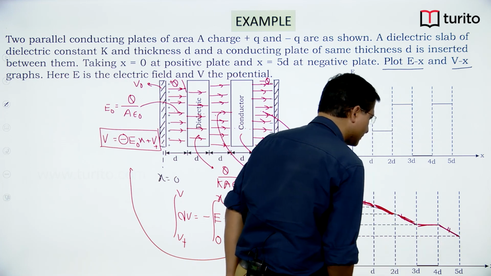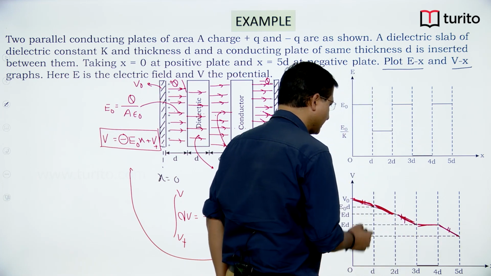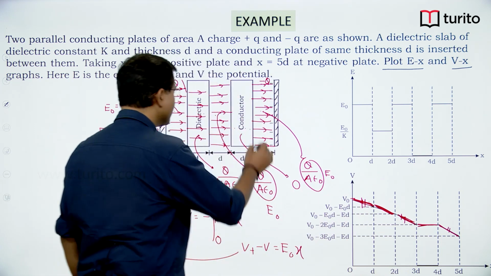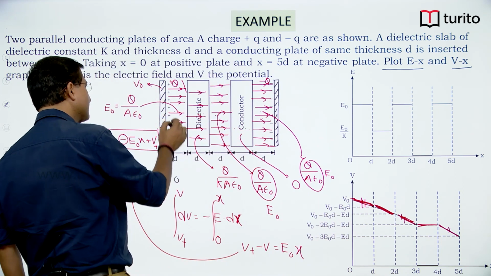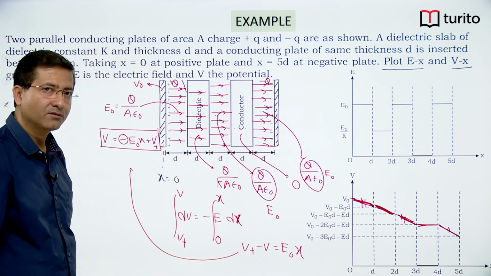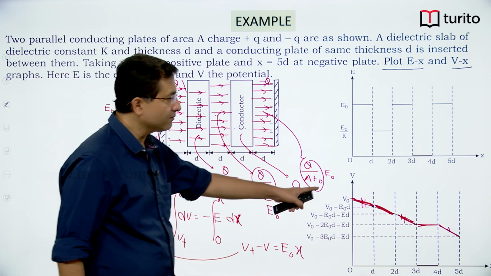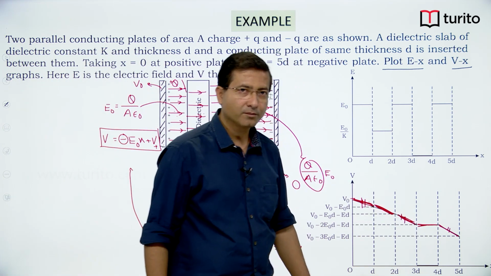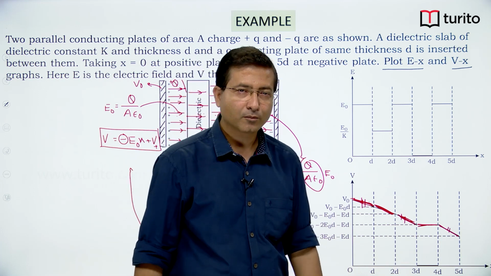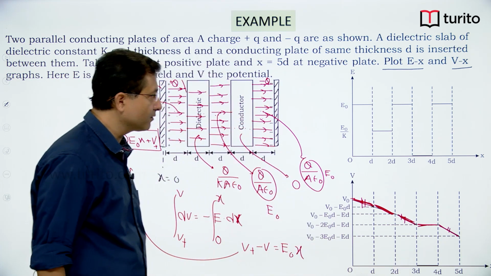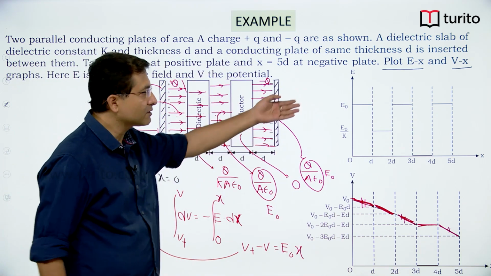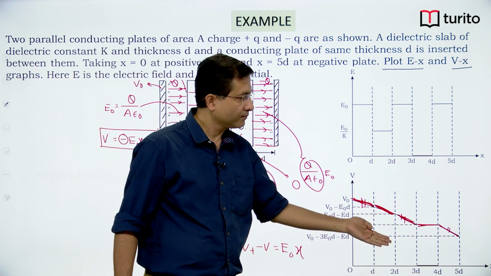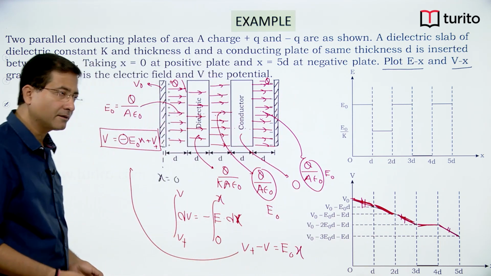So this region and this region have the same field, and these lines will have the same slope. So this is the way we plot the potential versus position curve using the field versus position curve, right. I hope this example is clear.